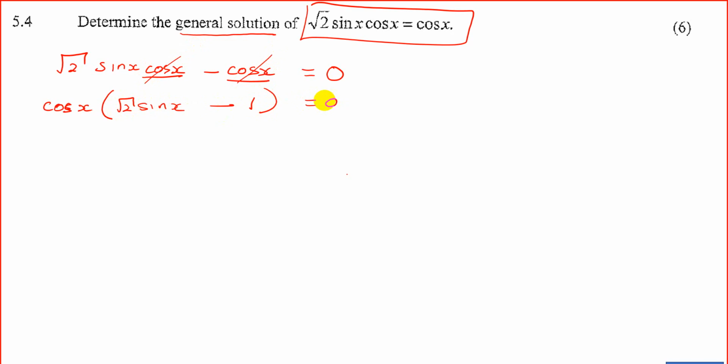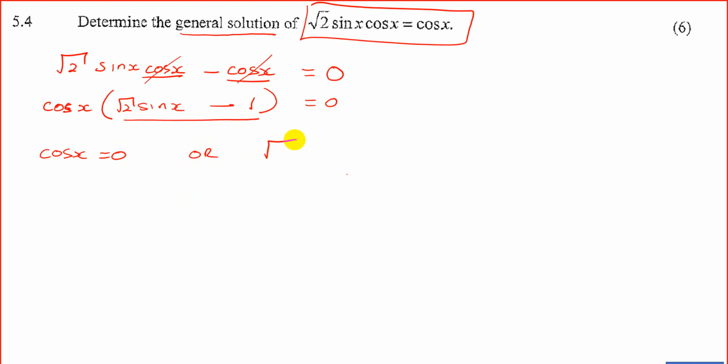We're now going to split up the factors and equate them to 0. So we have cos x is equal to 0, or the other solution, root 2 sine x minus 1 is equal to 0.